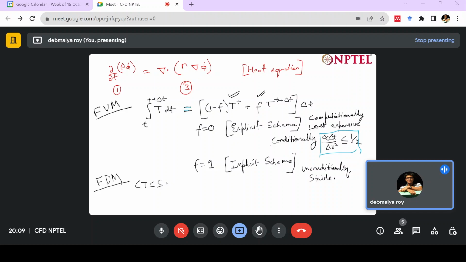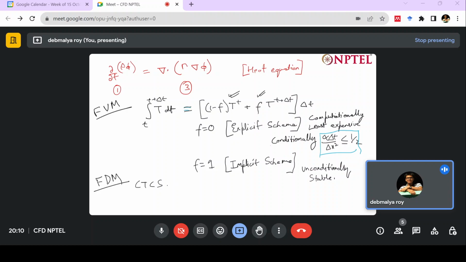In time discretizations also, we will do the same. CTCS is basically a central time difference. When you were doing the spatial variables, it was seen that central differences generally have less error.